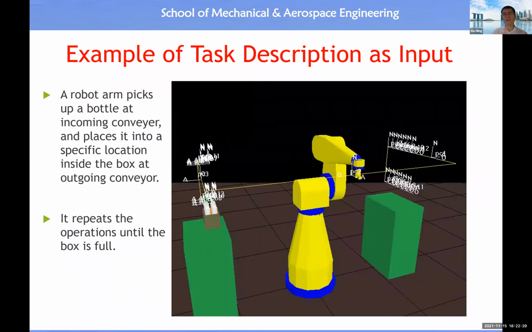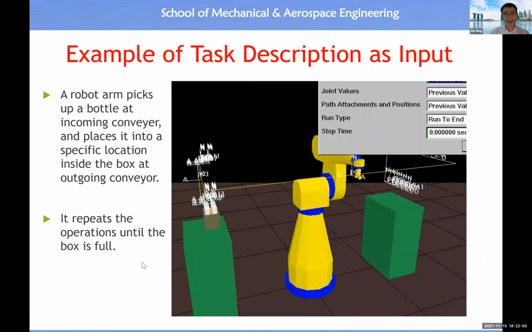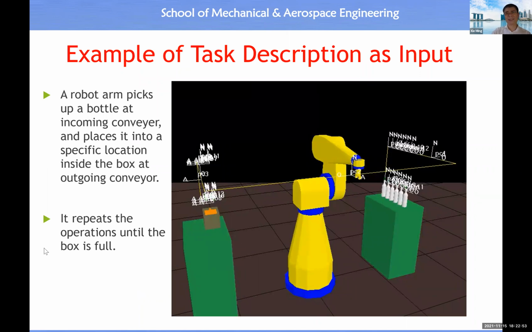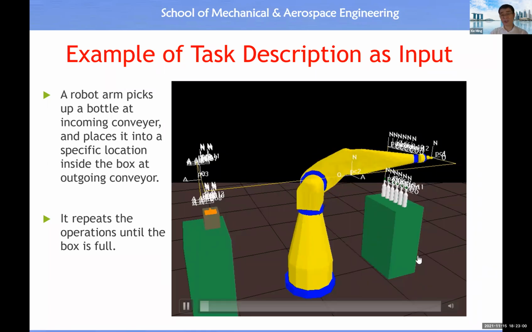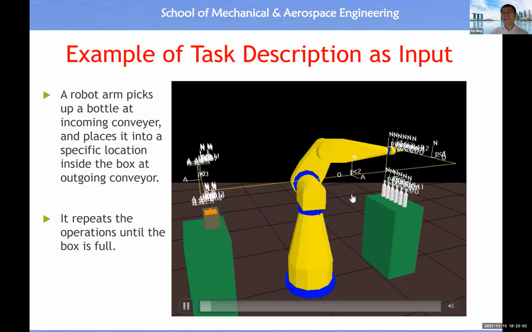Now I'm going to show you some examples of task descriptions and the action sequences associated with them. For example, we have this task in mind. Then we can describe this task as follows: a robot arm picks up a bottle at the incoming conveyor. So this box basically simulates the conveyor.